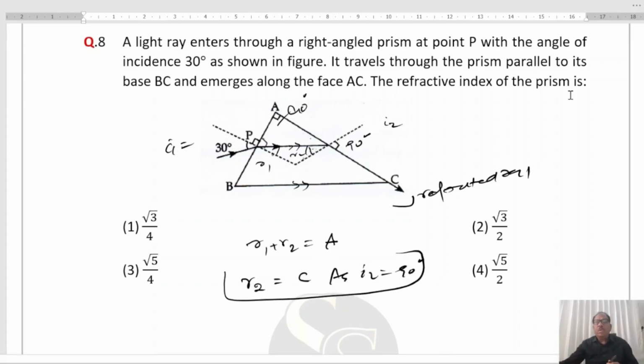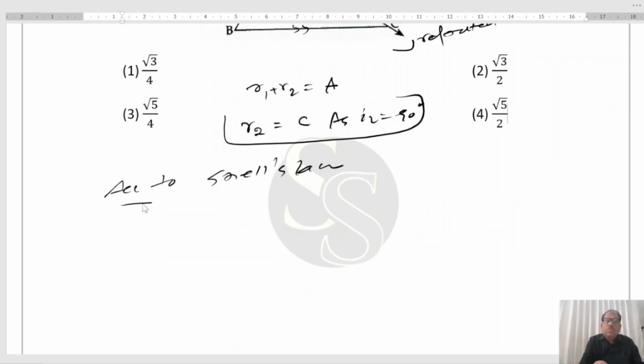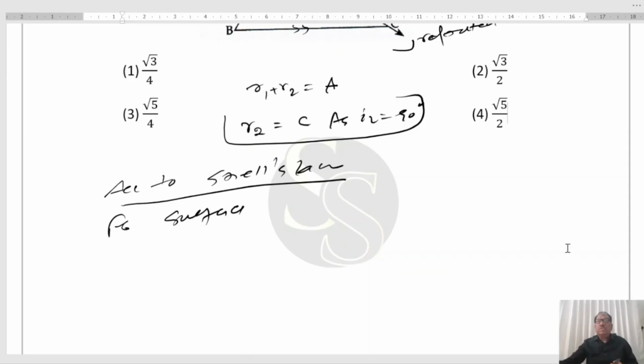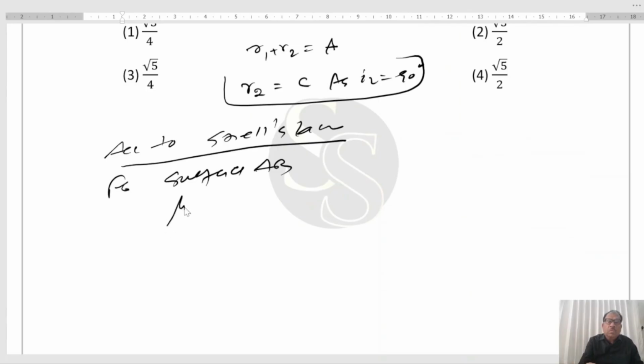Critical angle. Now, using Snell's law, for surface AB, mu1 sine I1 equal to mu2 sine R1, right?